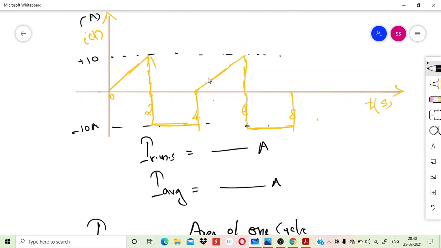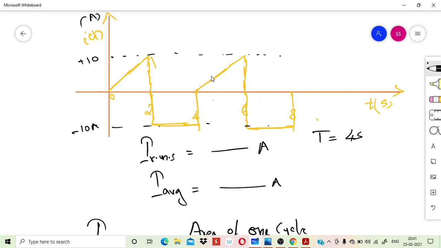If you observe this waveform, it is repeated after the 4th second. That means from 0 to 4th second the waveform is like this, and from 4 to 8 the same waveform is repeated. So the length of one cycle is 4 second, that means time period T is equal to 4 second.